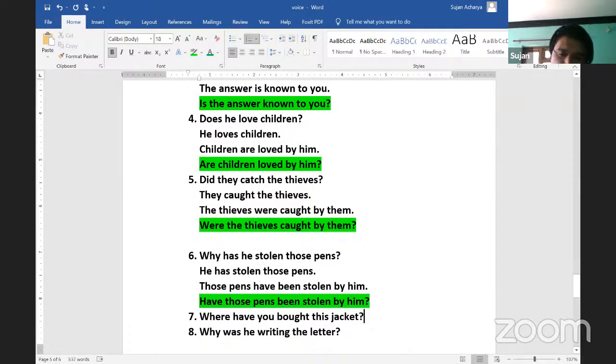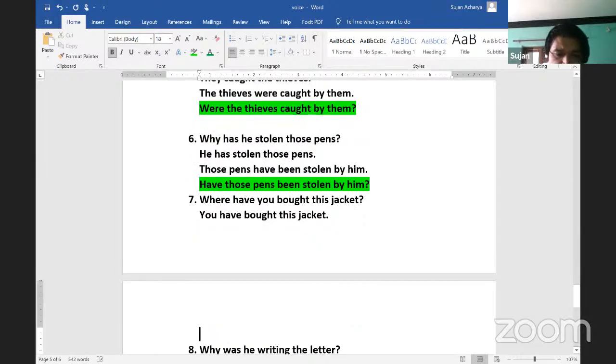Where have you bought this jacket? You have bought this jacket.